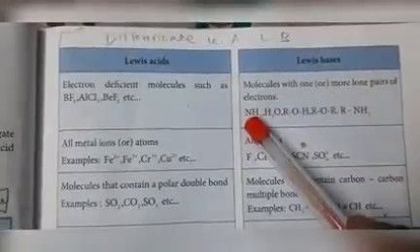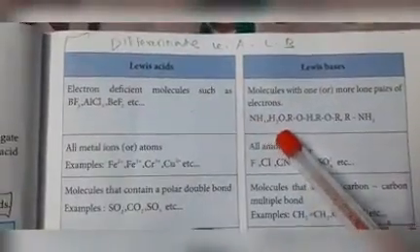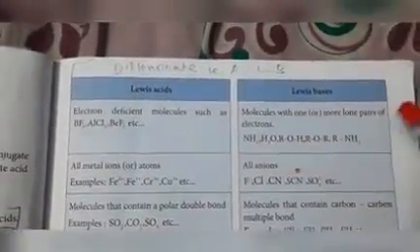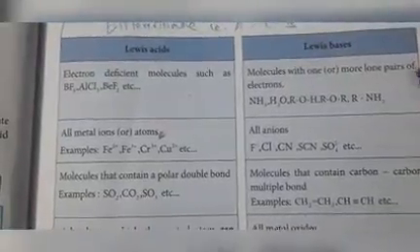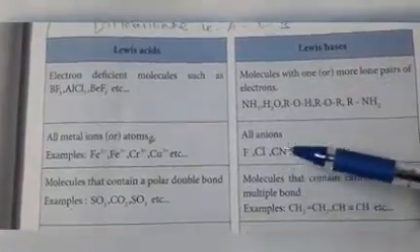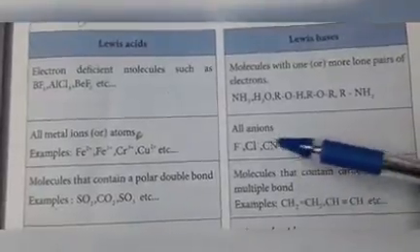In NH3, nitrogen contains one lone pair, oxygen contains two lone pairs, and this nitrogen contains one lone pair. And Lewis acids may be all metal ions, positive ions, so ions or atoms. Lewis bases are generally all anions.